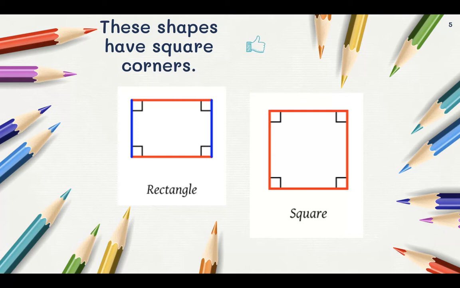So this rectangle and this square, you can see the corners that are marked here, they are squares because the sides of the shape are perfectly horizontal and perfectly vertical. And that gives the corners the square shape. So these shapes have square corners.